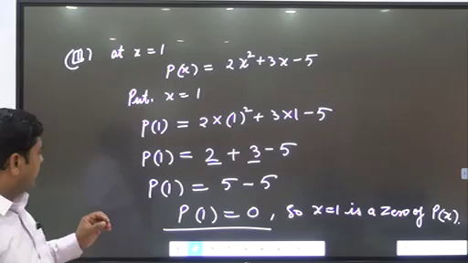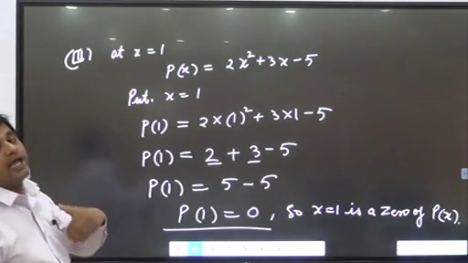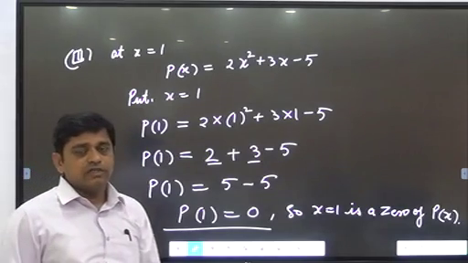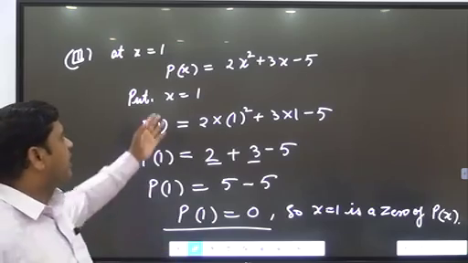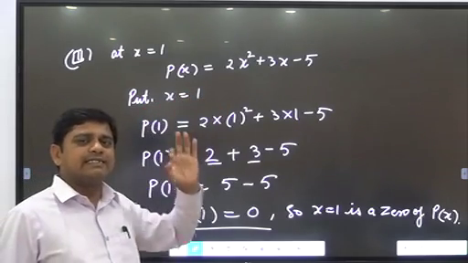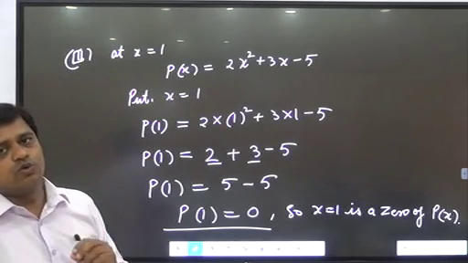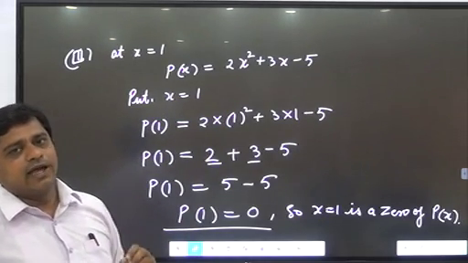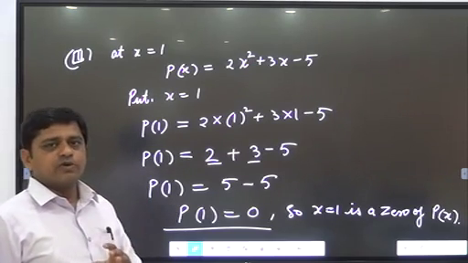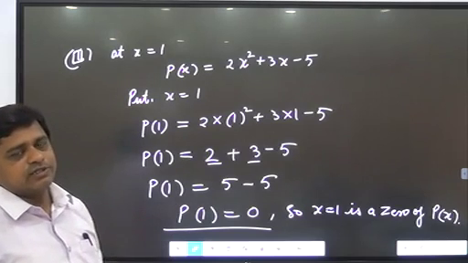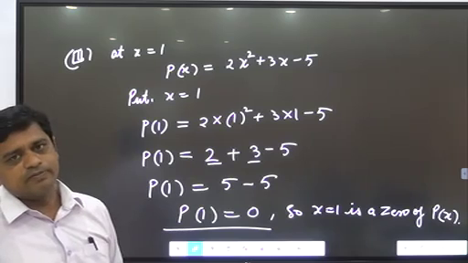If another value of x, when we put it in P(x), again gives 0, it will also be a zero. Because this is a quadratic polynomial, its degree is 2, so it contains 2 zeros. A polynomial of degree 1 has only 1 zero. So the number of zeros is equal to the degree of the polynomial.